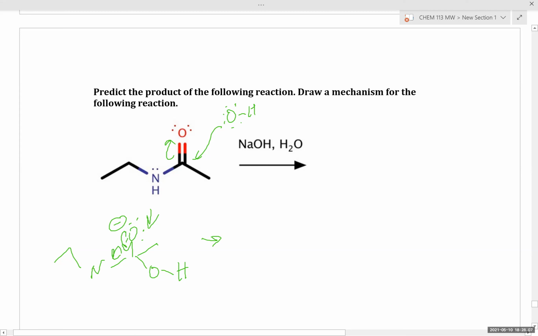From here, we have one last step to consider, and for our last step, we're going to deprotonate our carboxylic acid, and that gives us our carboxylate ion and our protonated amine.